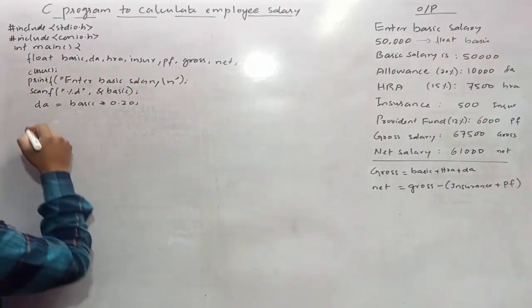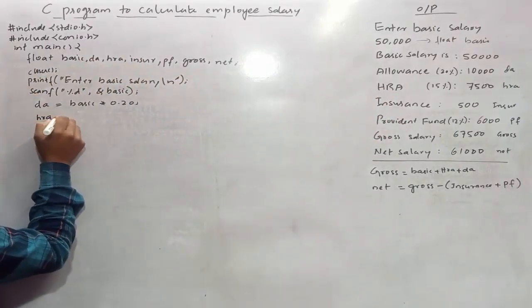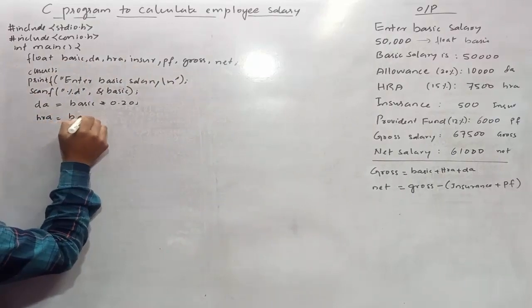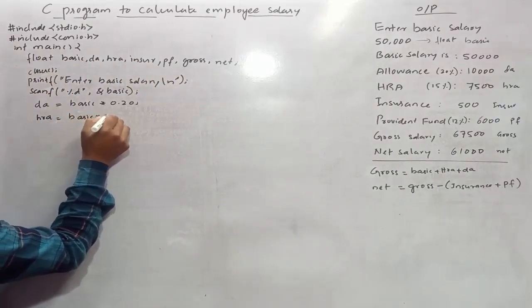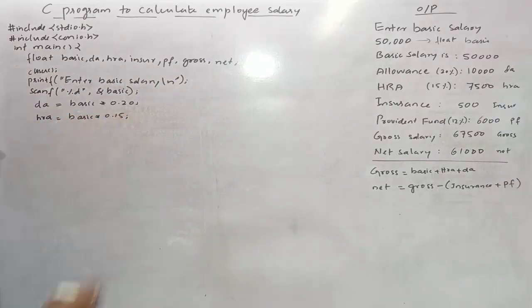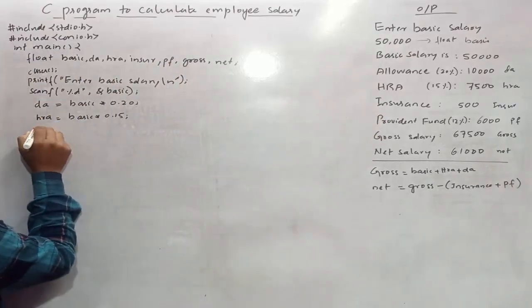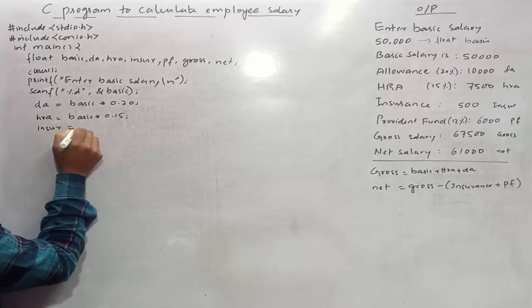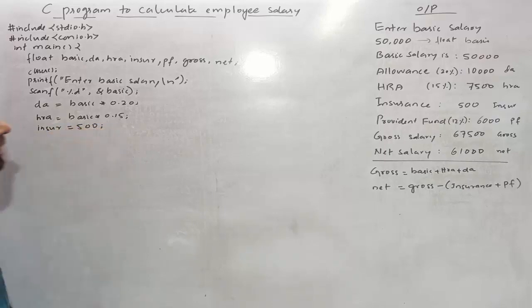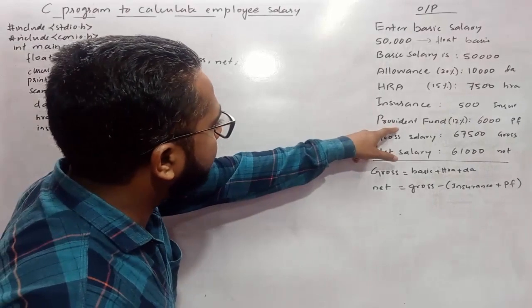Next I need to calculate HRA. HRA is 15% of basic. HRA equals basic into 0.15. Next I need to set the insurance amount. Insurance equals 500. Next I need to calculate the PF.